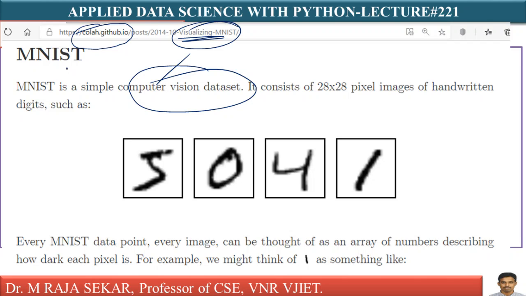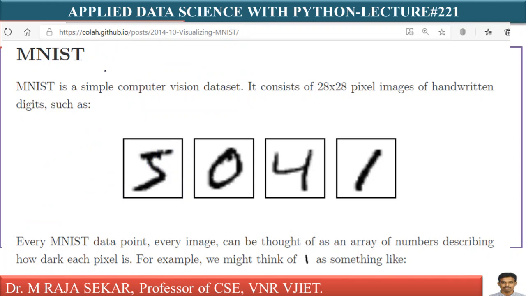We will try to understand what this computer vision data set is. It is by Christopher Olah. He is the person who created this particular blog. In this blog, he explained this particular data set in a very simple manner.